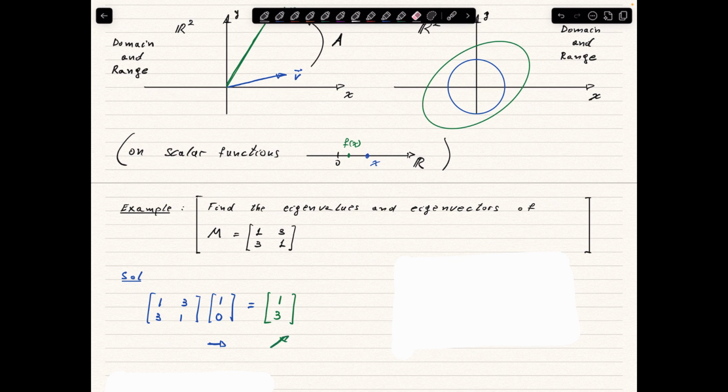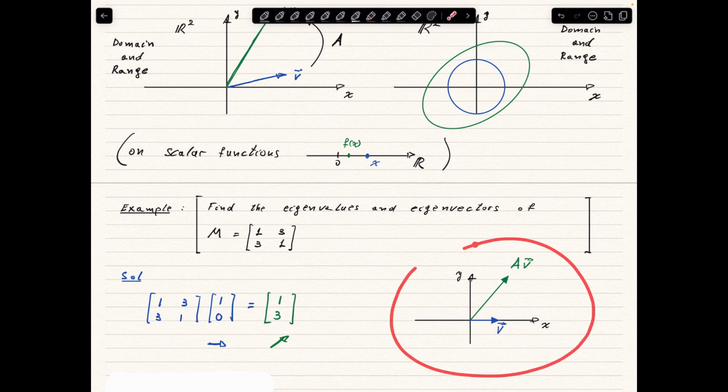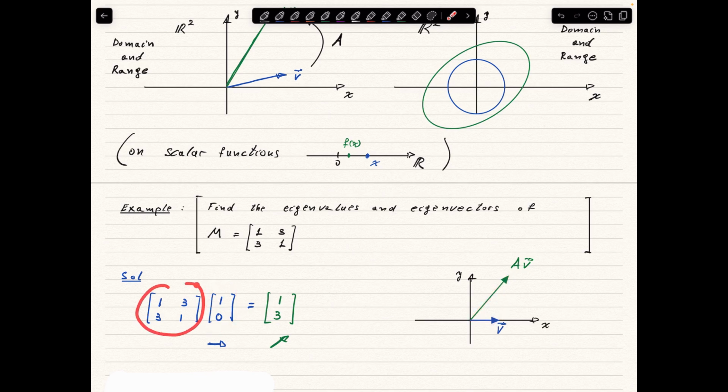Actually, we can do it a little bit more precisely. Here we have domain and range again on one picture: the vector on the domain is the vector v, and this is the action of the matrix on that vector. It changed the direction, so this vector can never be an eigenvector of that matrix.